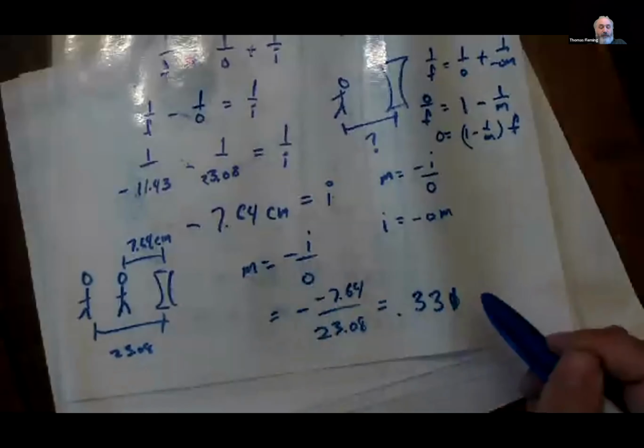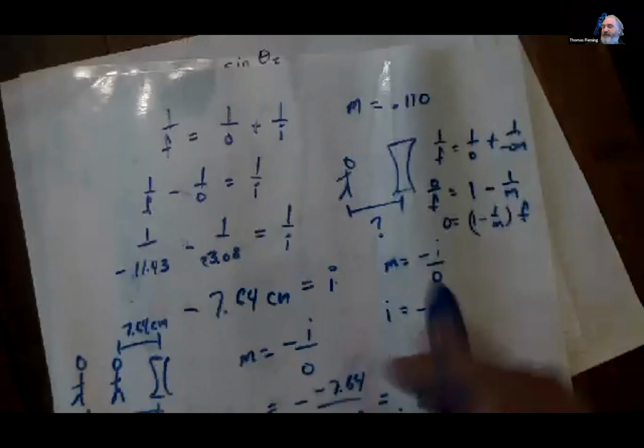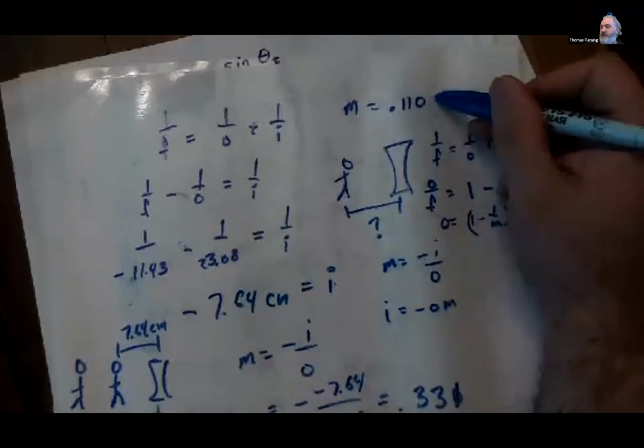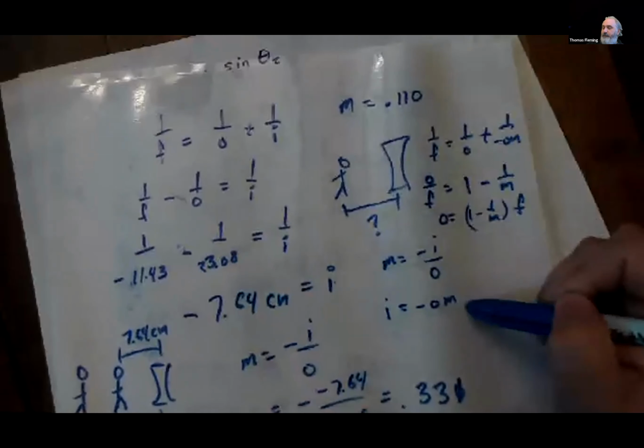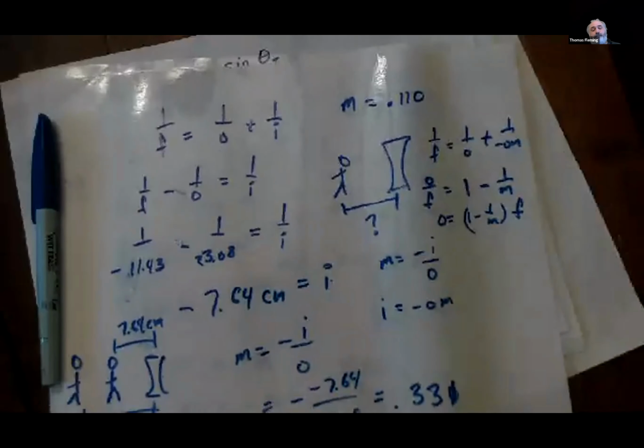So I divided it by 3.3 and got this. That's my new magnification. I then plugged that in and solved. That's how I solved the problem.